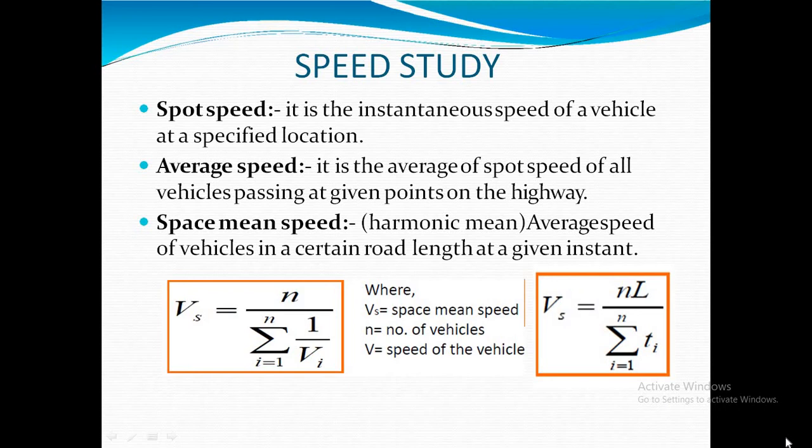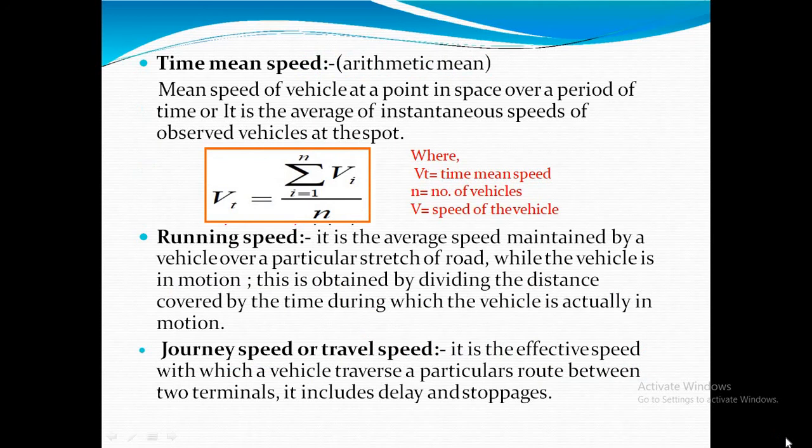And another point is time mean speed. Here it is the mean speed of the vehicles at a point in space over a period of time, or it is the average of instantaneous speed of observed vehicles at the particular spot.